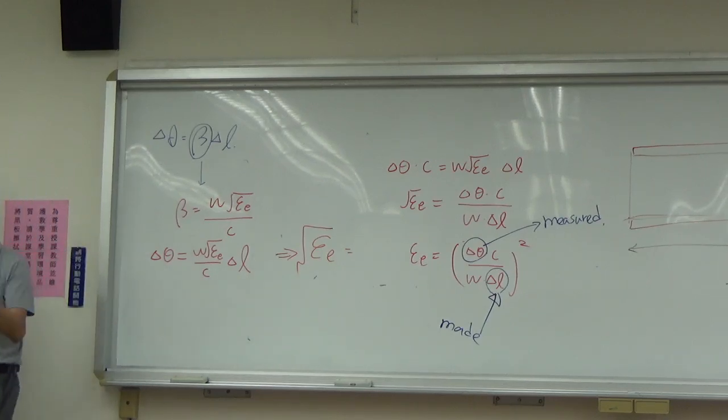You measure two samples, obtain two phases, and do the subtraction. That's it. Put that in the equation and you know epsilon E of the microstrip line. That's not epsilon R, it's epsilon E.